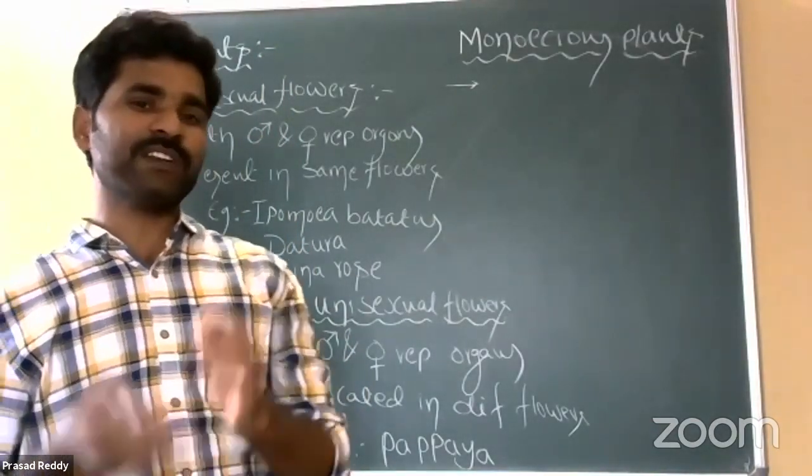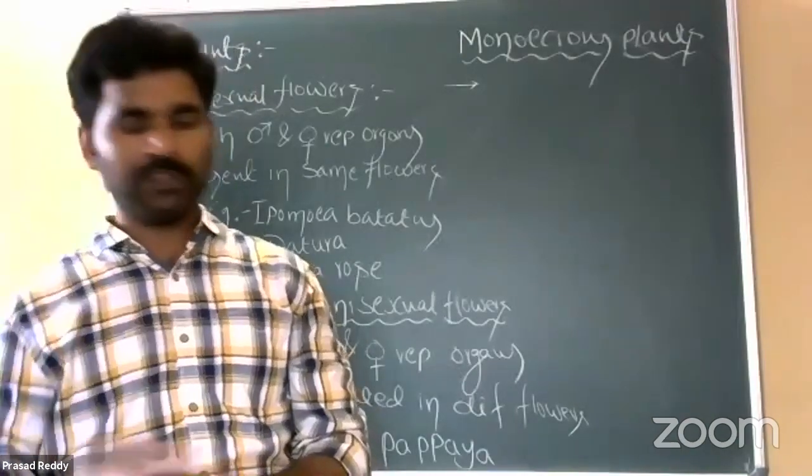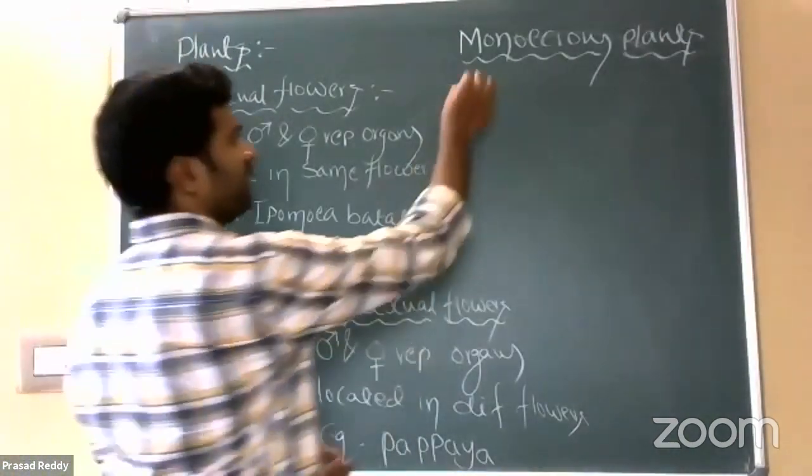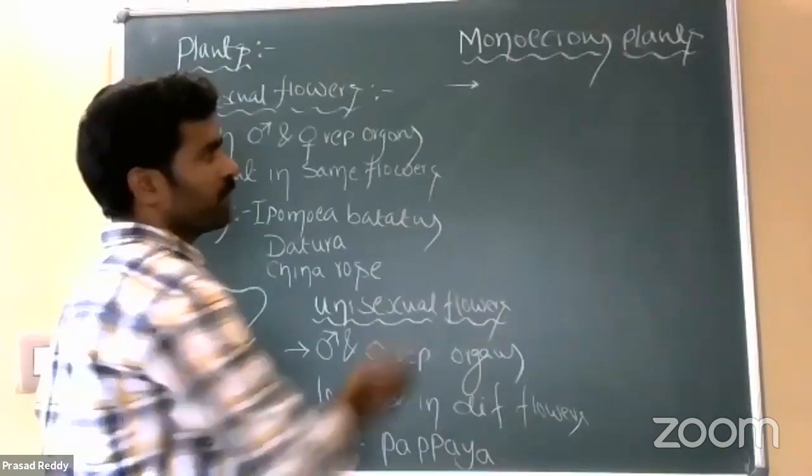So monoecious plants are considered bisexual plants only. Now write down the definition for this.